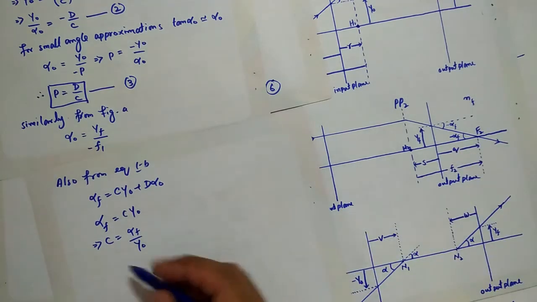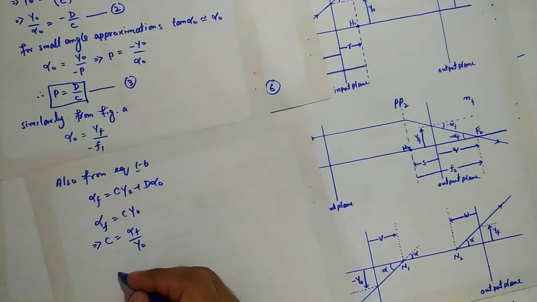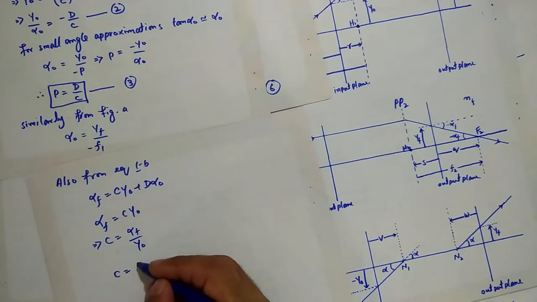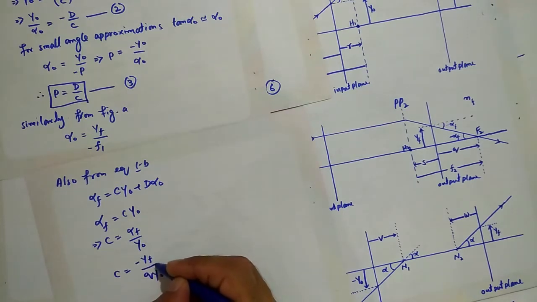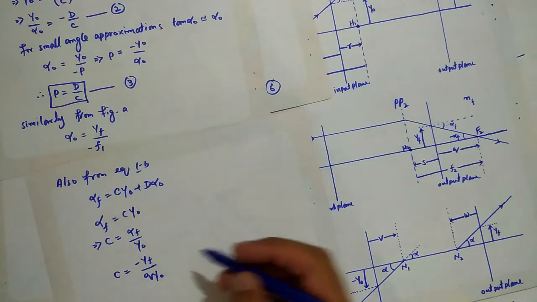Clear? So this will be C will be equal to minus yf over q y naught. Clear?